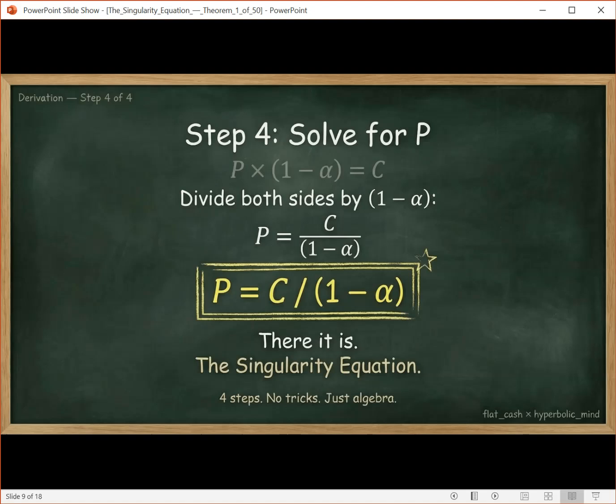And it also tells you that it is not dependent on anything else. That is the spectacular part. So P is equal to C divided by 1 minus alpha. So far, that is how we derive the equation up to now.